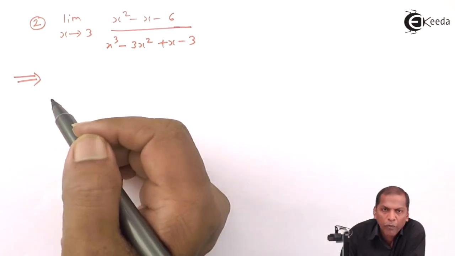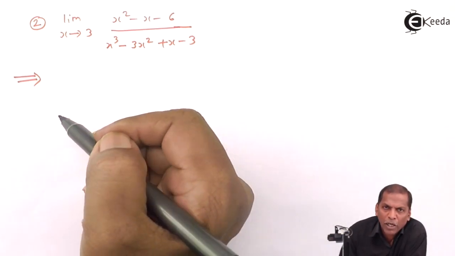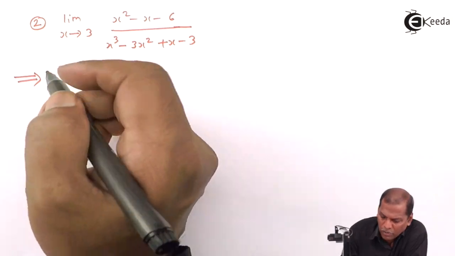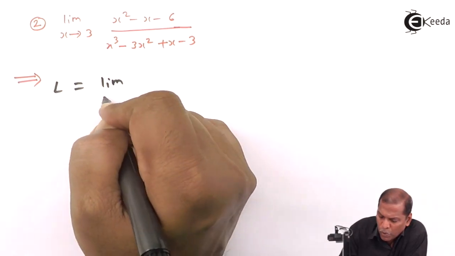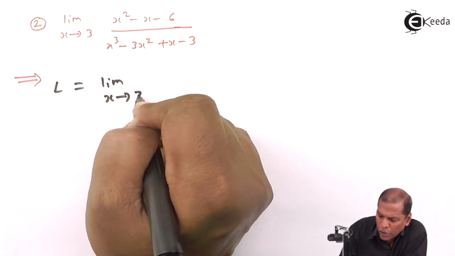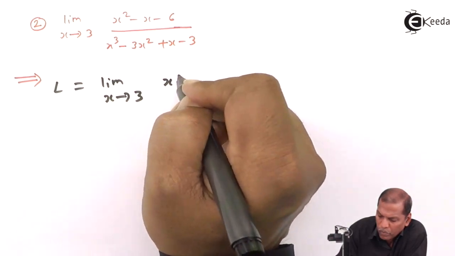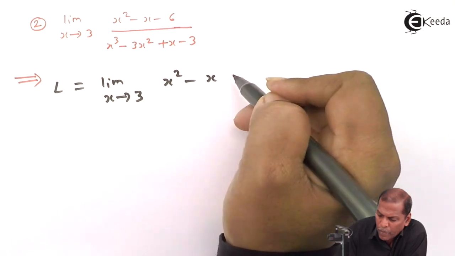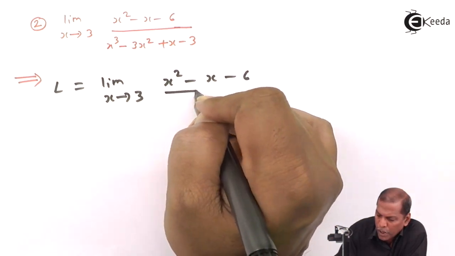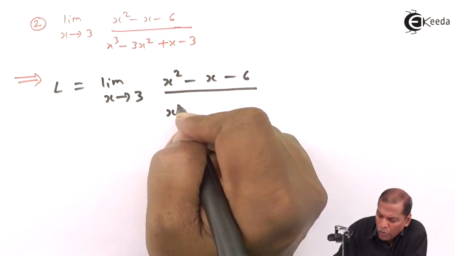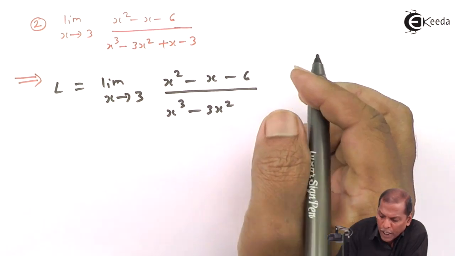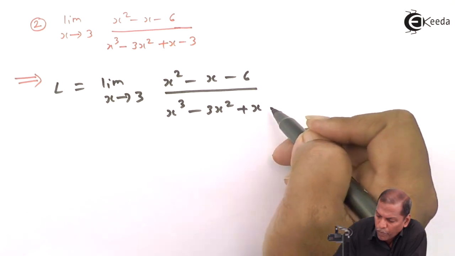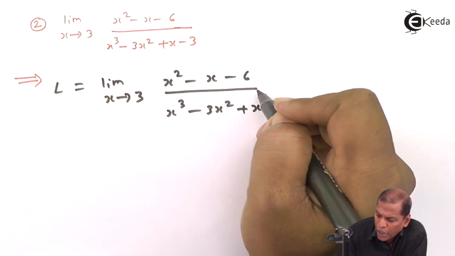First of all, we denote the given question as L. So L is equal to limit x tends to 3 of (x square minus x minus 6) upon (x cube minus 3x square plus x minus 3).